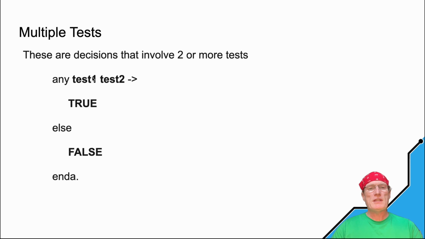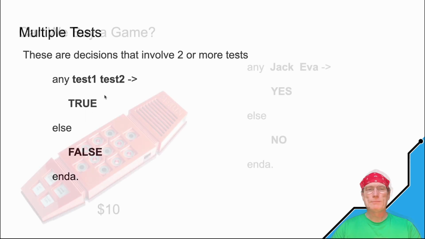So for example, if test 1 is true and test 2 is false, we'll still run the true part. If test 2 is true and test 1 is false, we'll still run the true code. We would only run false if both of these were false at the same time. And the any means if any one test is true, then we will run the true case.